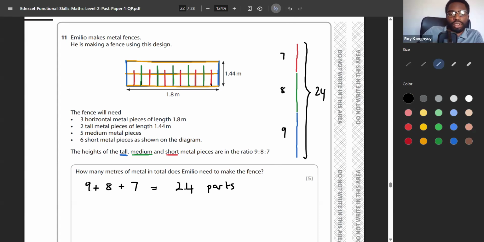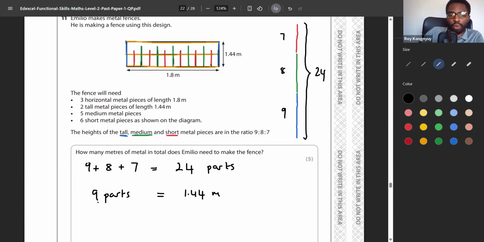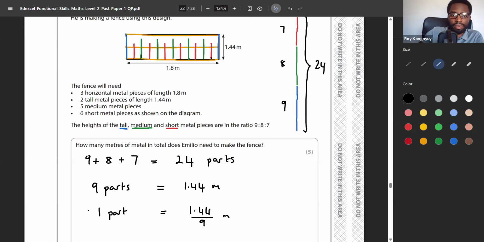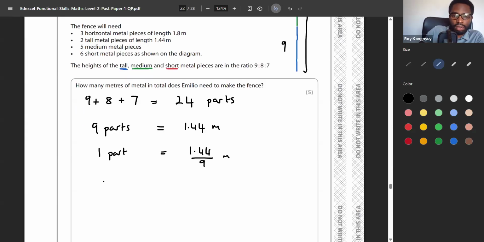So 9 parts correspond with 1.44 meters, sorry, because this is blue, right? This is the tall. Therefore, 1 part corresponds with this divided by 9 meters. Therefore, we can find 8 parts and then 7 parts. 8 parts would be 8 times this.